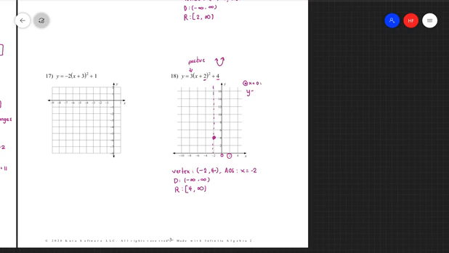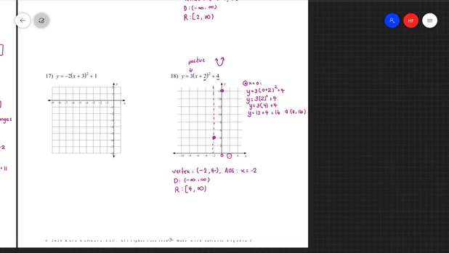So y equals 3 times 0 plus 2 squared plus 4. Y equals 0 plus 2 is 2, so I have 3 times 2 squared, plus 4. 3 times 4 plus 4, which is 12 plus 4, which is 16. So that means I have a point 0, 16.